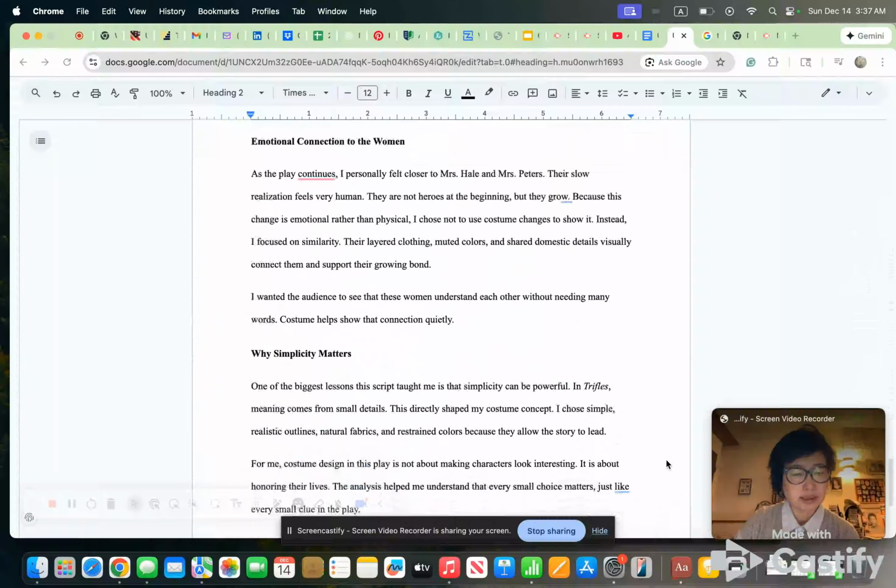Starting from here, I continue with character-specific image research. One main character is Mrs. Wright. She never appears on stage, yet she is central to the story.